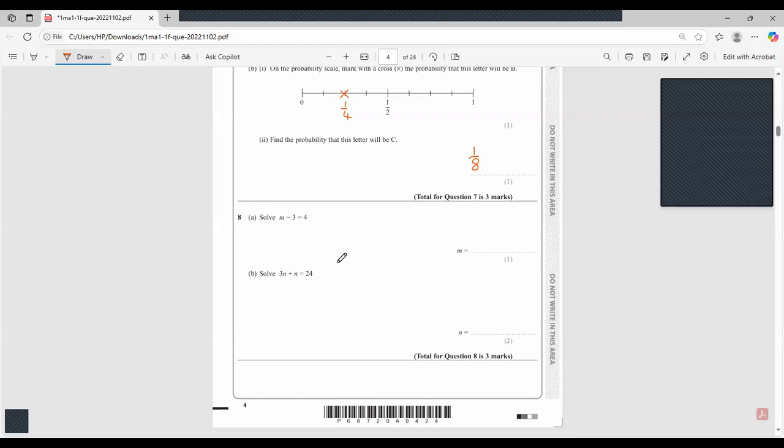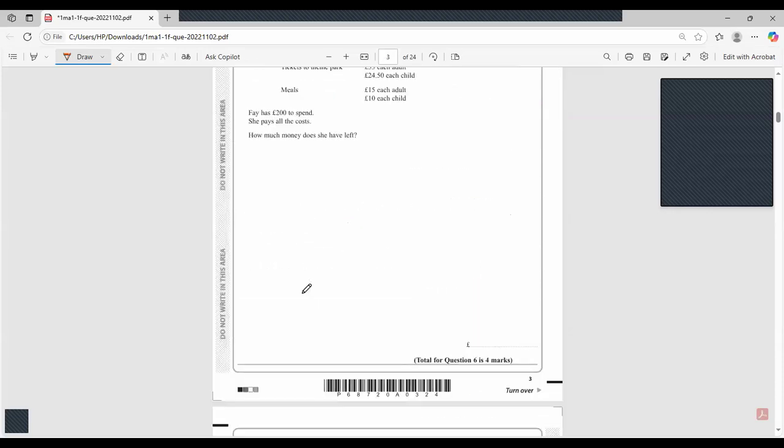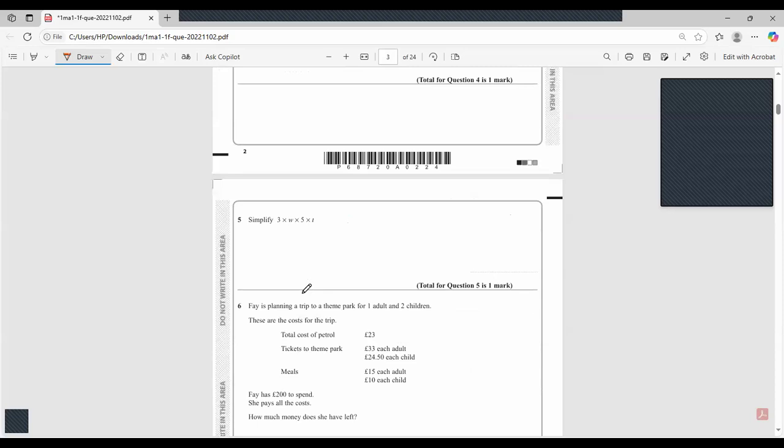Yes. Okay. That'll be 4n equals 24. And then you now divide both sides by 4 to have n equals 6. Okay, moving on.